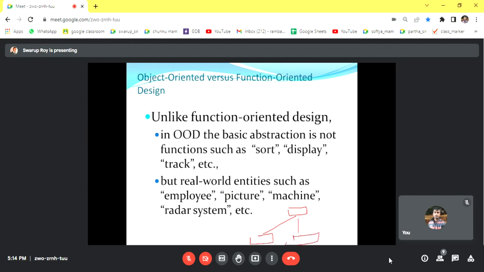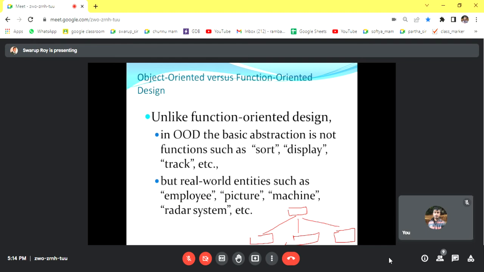That is how function-oriented design brings abstraction. Abstraction means they do the computational task, but the high-level or superordinate models normally play the role of managerial models.